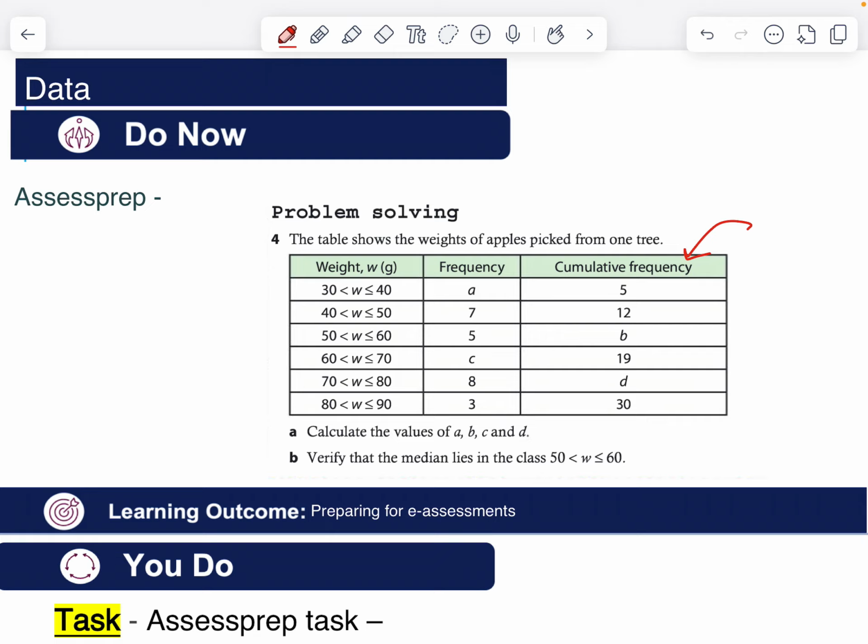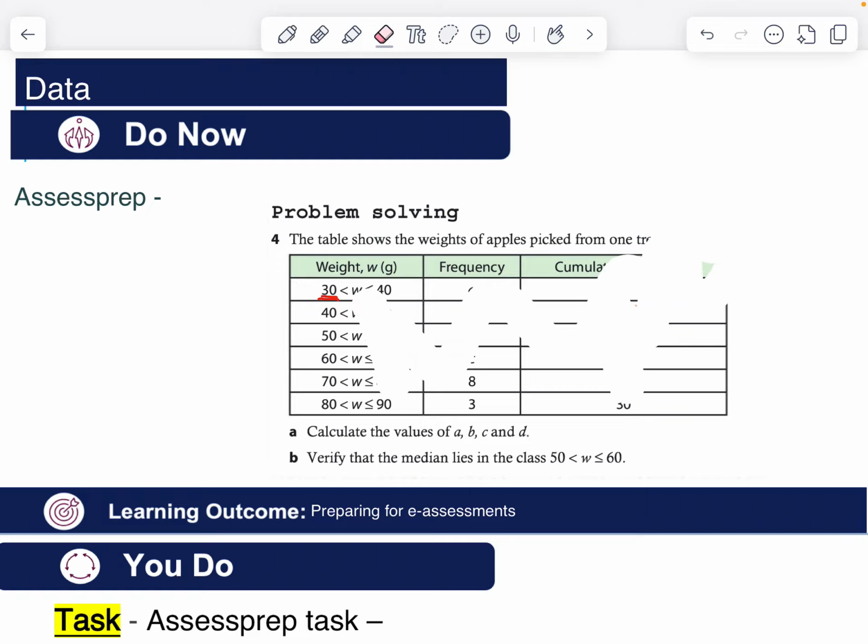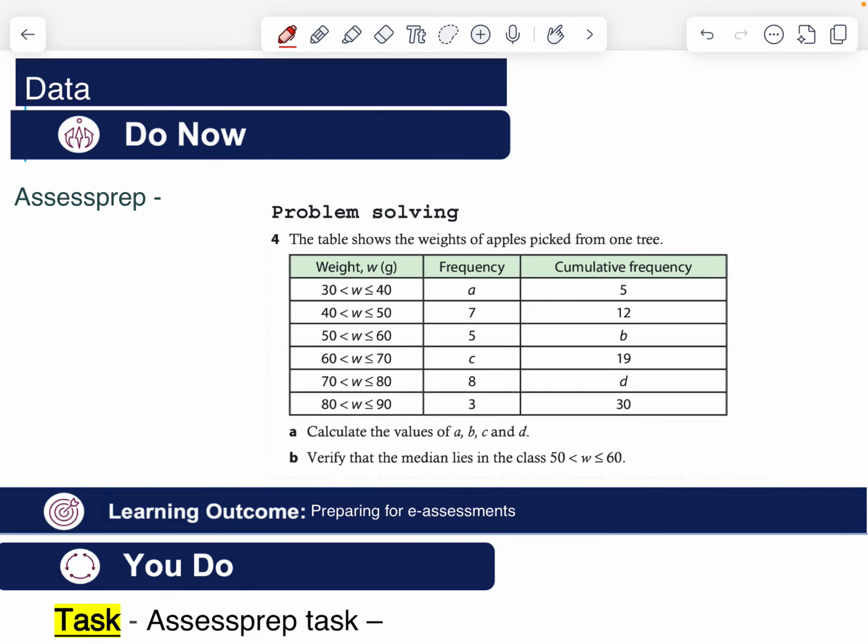So for example, the first group, you can see there's 5, but the next group is talking about the weight of apples from 30 to 50, which would be 12. The next number will be talking about from 30 to 60, which would be this number. The next group is from 30 to 70, which would be this number, and so on. So it's cumulative, so we need to be adding the frequencies together, okay?